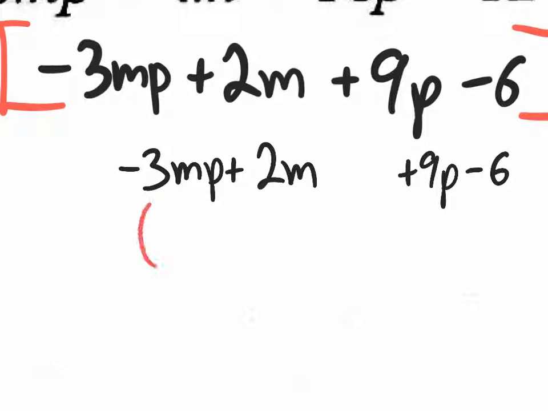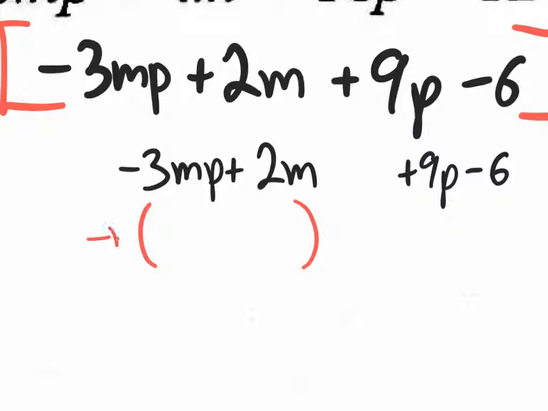Now in our first group, what could I pull out? Okay, so some of us are saying negative m. That'd be great because that negative will become a positive, and we see that the first one's positive, so that might help us, right? So let's pull out a negative m because there's m's in both terms on the first group.